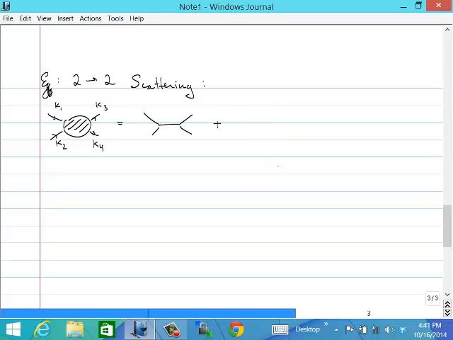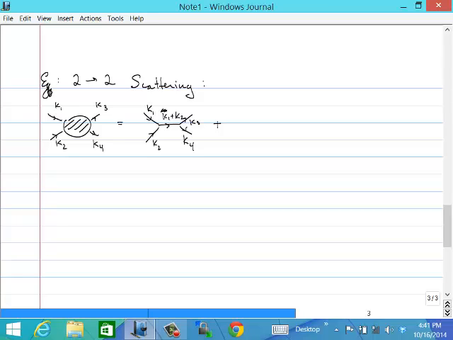Okay. So there's one diagram that looks like this, where k1 and k2 come together to form a second particle with momentum k1 plus k2, and then that particle subsequently decays to the particles with momentum k3 and k4.